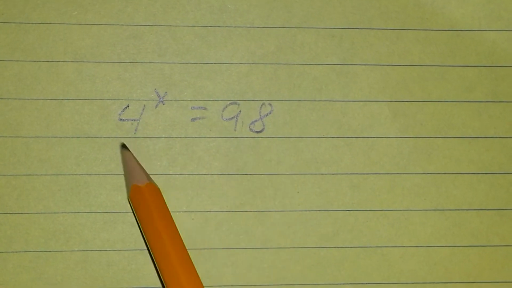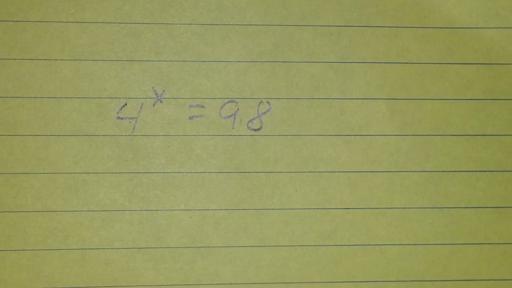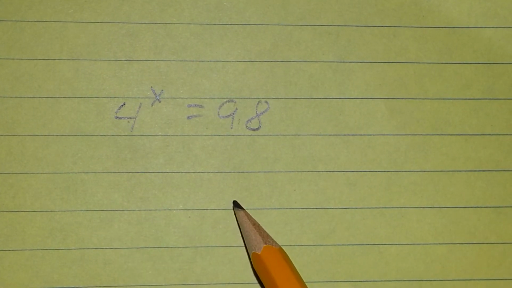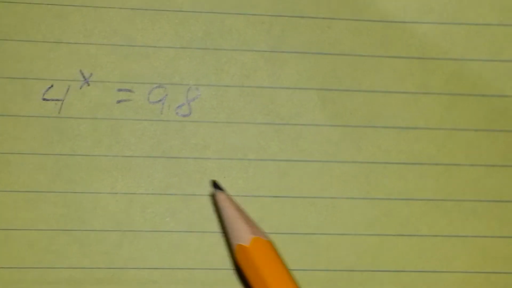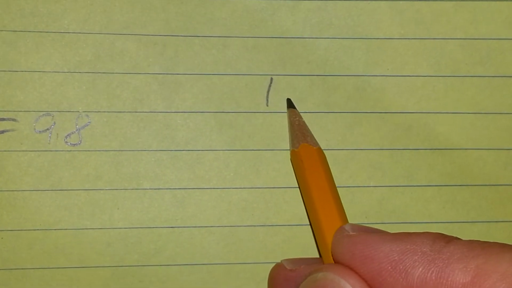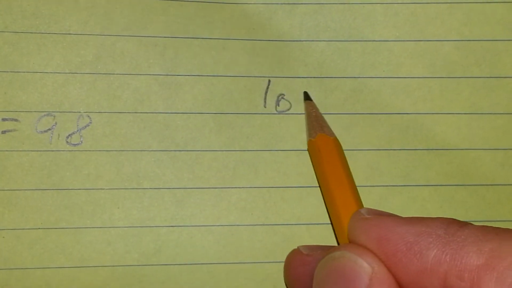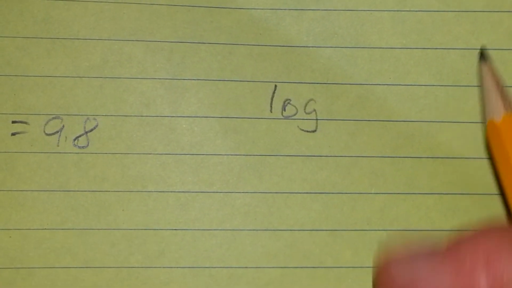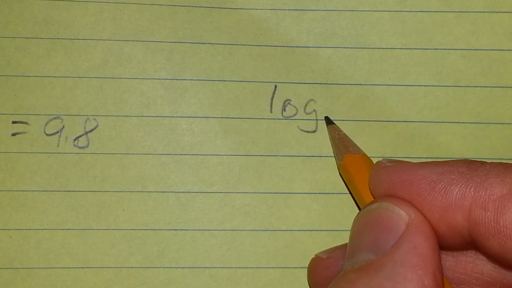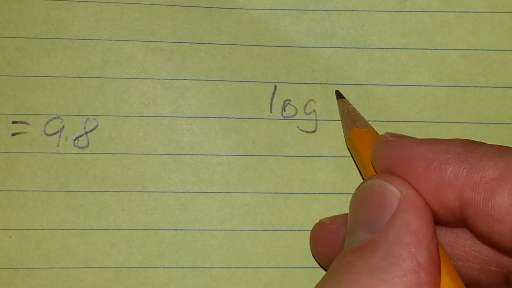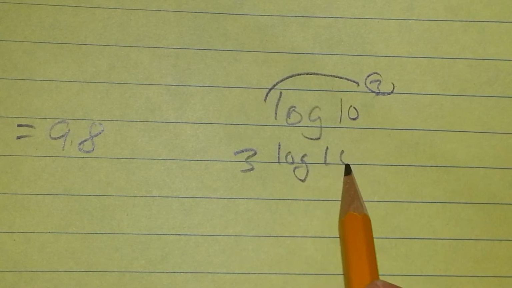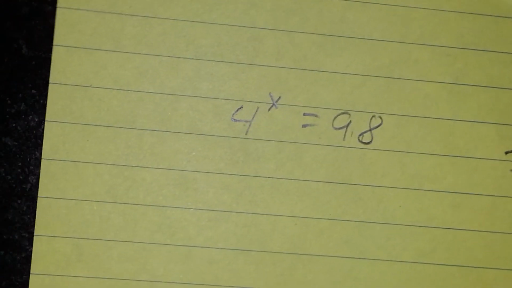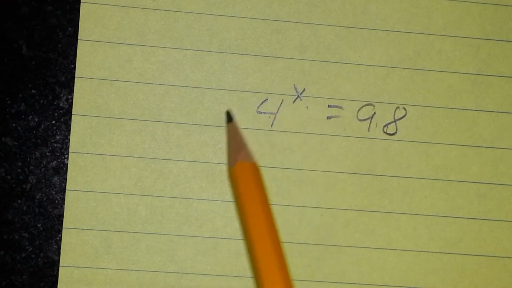But one way we can solve this is using one of the rules we learned in our video last Wednesday: when you take the log or natural log of something, say 10 to the third power, the exponent can be moved down front, like 3 log 10. That's how we're going to get this exponent down.